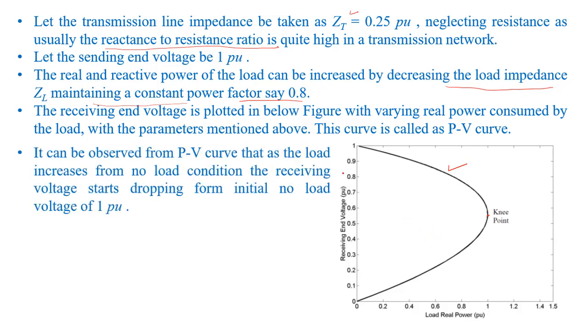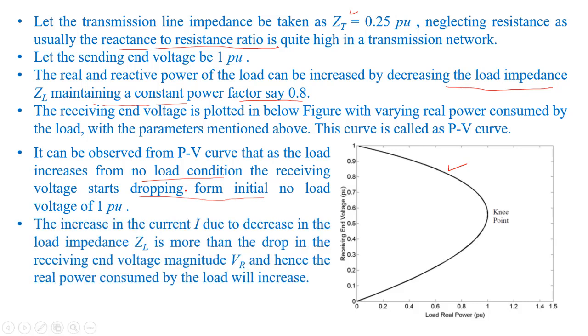It can be observed from the PV curve that as the load increases from the no load condition, the receiving end voltage starts dropping from the initial no load voltage of 1 per unit. The increase in the current I due to the decrease in the load impedance ZL is more than the drop in the receiving end voltage magnitude, and hence the real power consumed by the load will increase.